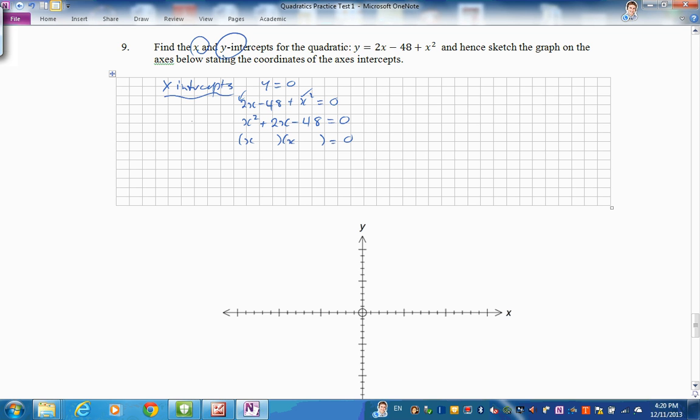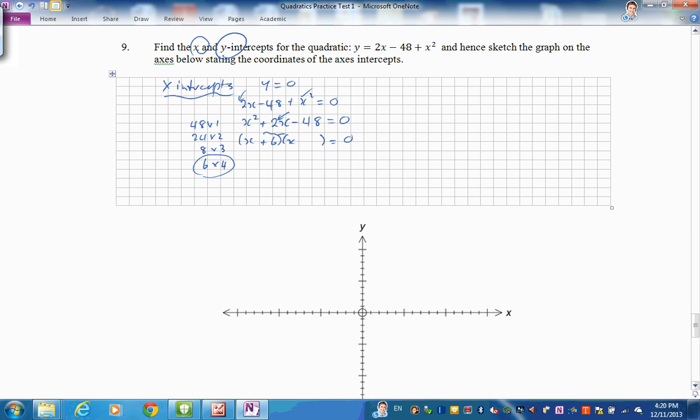Factors of 48. Let's do it over here. 48 and 1. 24 and 2. See the system? Going up by 1, 8 and 3, 6 and 4. Leave it at that. Now, which 2 are you going to choose? I think these, because of the plus 2x there. So let's try and put it in. The winning term is positive, so the bigger one must have been positive. Plus 6, bigger size number.